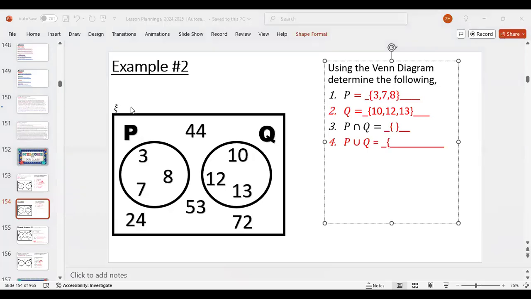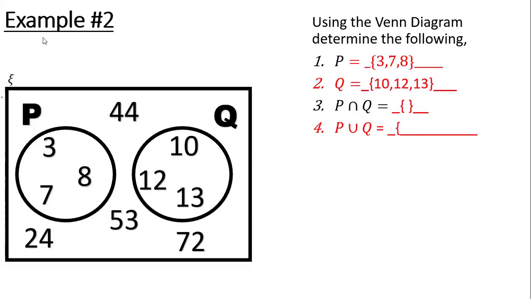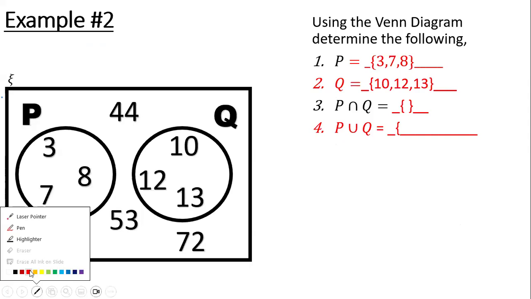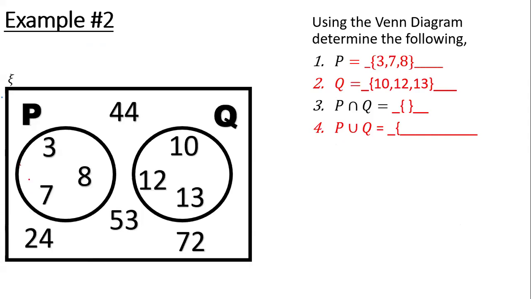So the union is going to be all the elements in P and Q. Very good. So it's going to be open bracket, 3, 7, 8, 10, 12, 13. All right. Good.